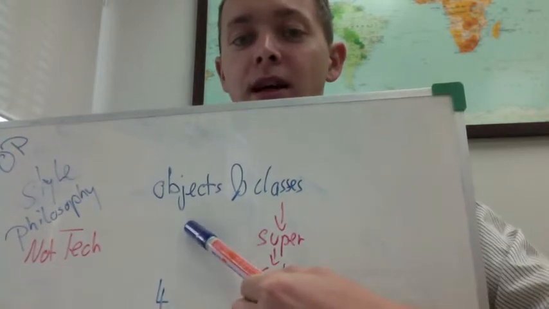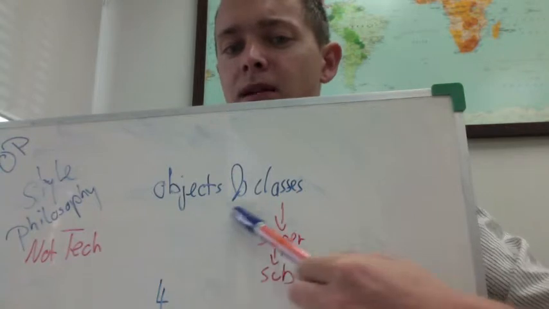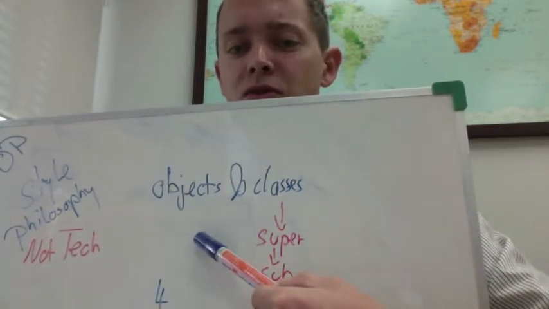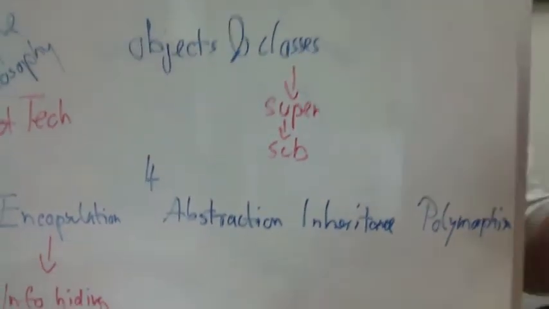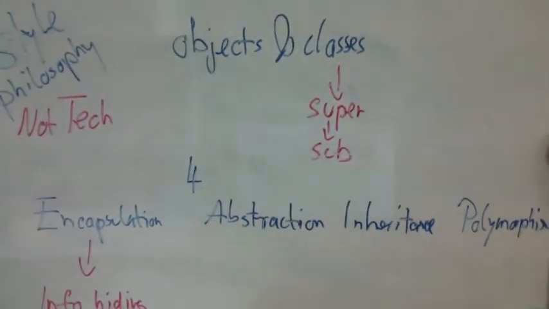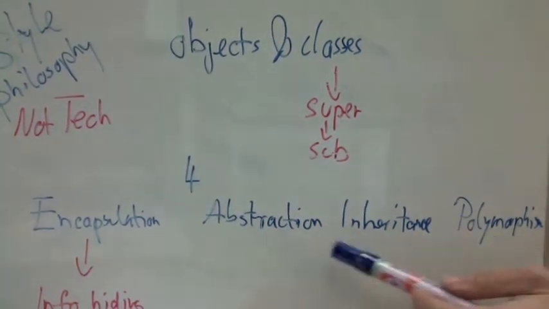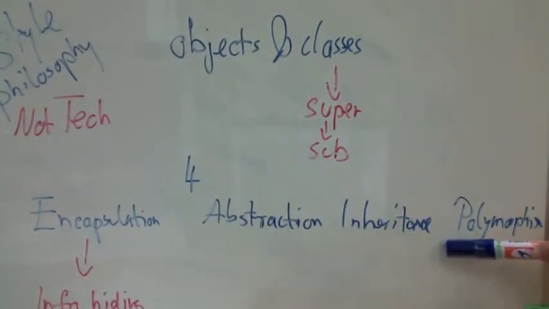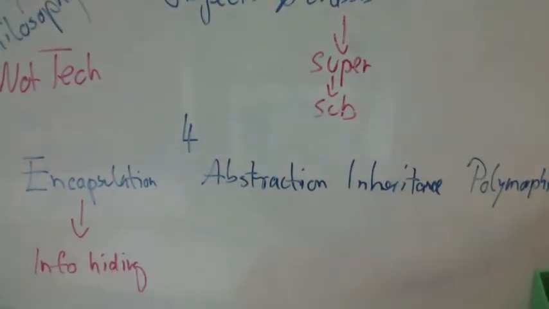Objects are filled with data, attributes. Classes are filled with methods and tell us what objects can do. Then we have super and subclasses. Finally, we talked about the 4 main principles of object-oriented programming, which namely are encapsulation, abstraction, inheritance, and polymorphism. Encapsulation then means information hiding.